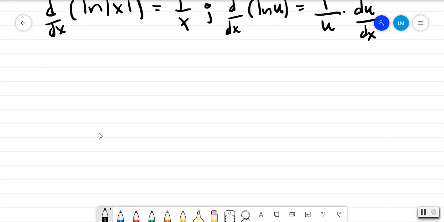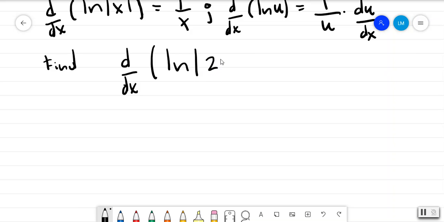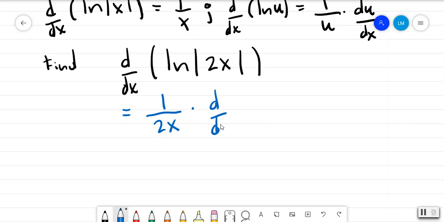So we'll try this example where we find the derivative of the natural log of the absolute value of 2x. Okay, so accordingly, this is going to be equal to 1 divided by 2x multiplied by the derivative of 2x, which is really just 2.